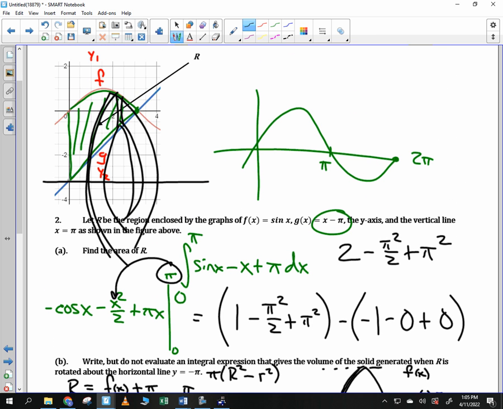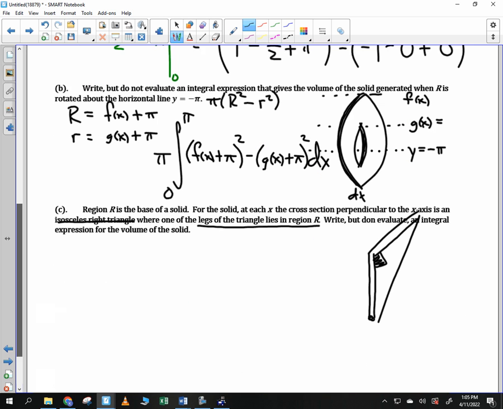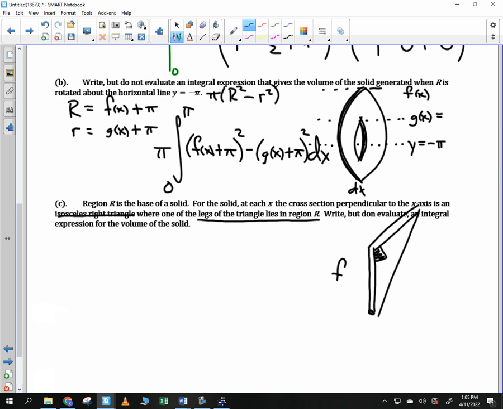What's this length? Yeah, f minus g, right? So this is f minus g. So what's the other side of the triangle? F minus g, right? Do we need to know the hypotenuse? So this has thickness dx. What is the volume of that figure then?